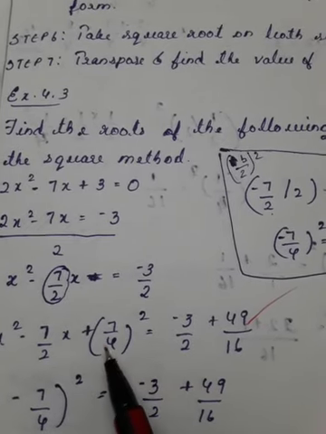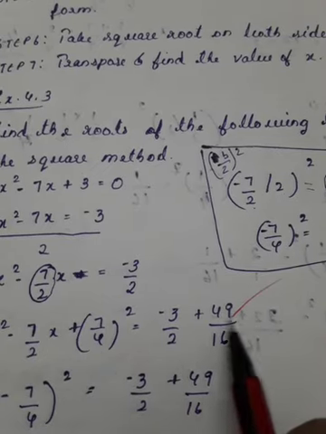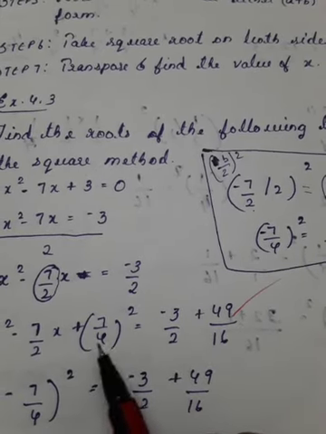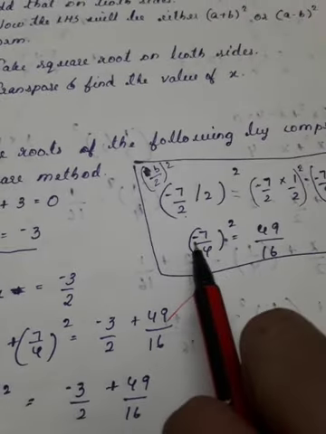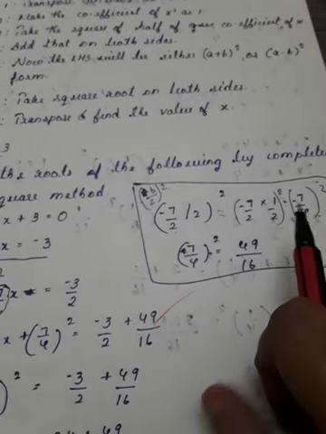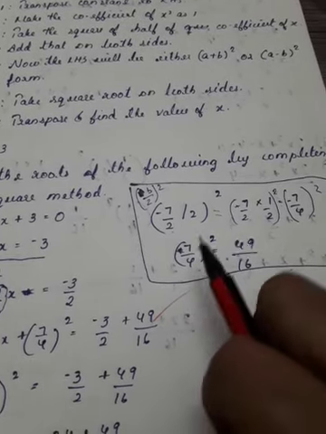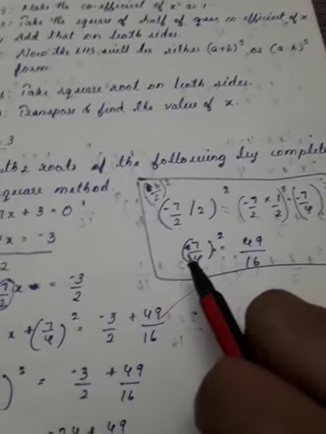The next step is to add that (b/2)² on both sides. So when we write that here, we should write this (7/4)². This (−7/4) becomes positive (7/4)², because when we take the square, it should be positive.